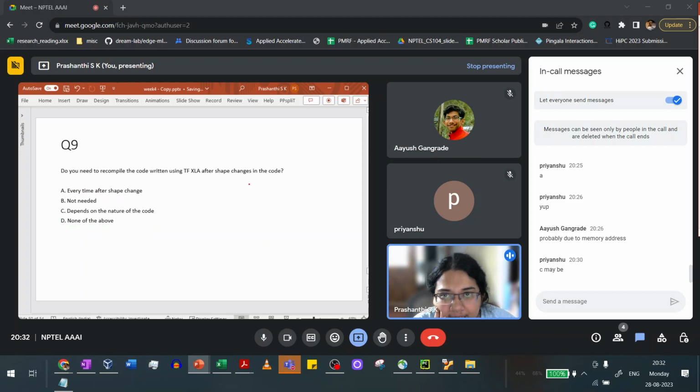Do you need to recompile code written using TF-XLA after shape changes in the code? Every time after shape change, not needed, depends on the nature of the code, none of the above. Any answers? A, every time after shape change.